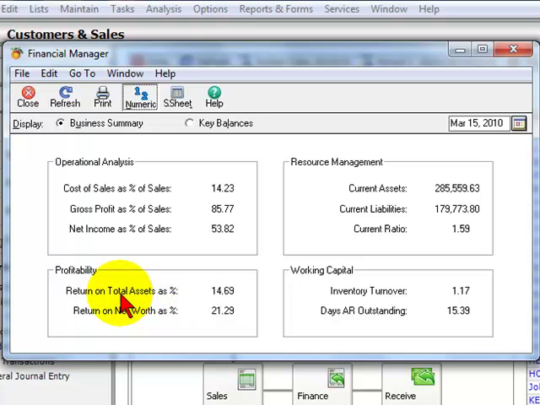So you'd have your net income divided by your total assets, and that for this company would equal 14.69%, which means for every $100 in assets you have on the books, you are generating $14.69 in income.